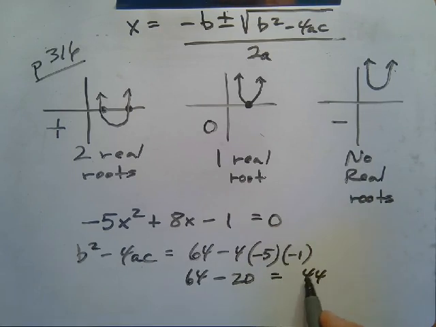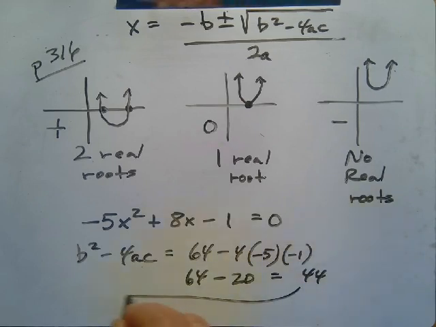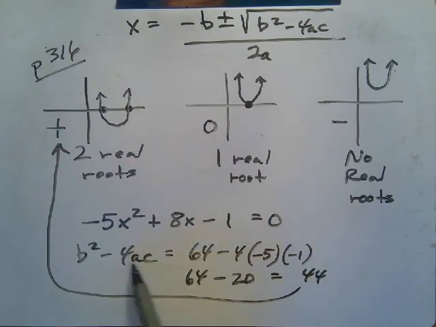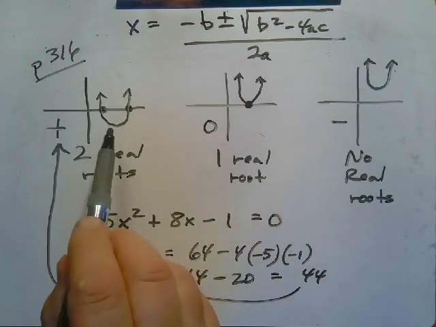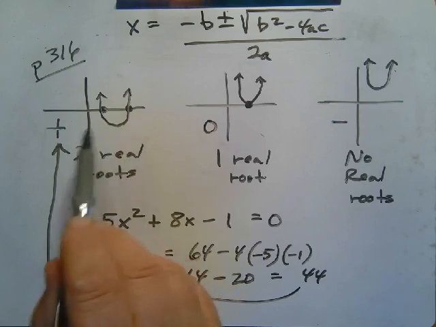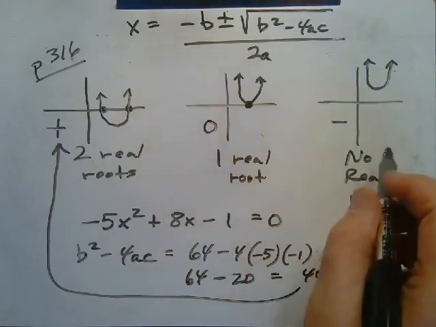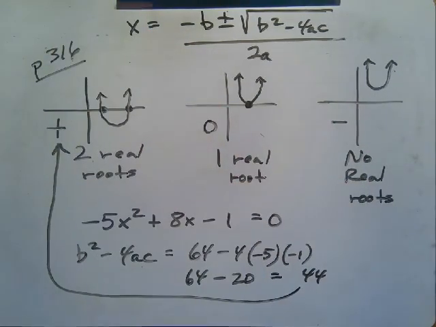Right now I don't care so much that it's 44, I care that this is positive. So that tells me it's got to be this situation. When the discriminant is positive, it's got 2 real roots. So I want you to go back and look at this whole section on page 316 and make sure you understand how you can tell when something is the discriminant.